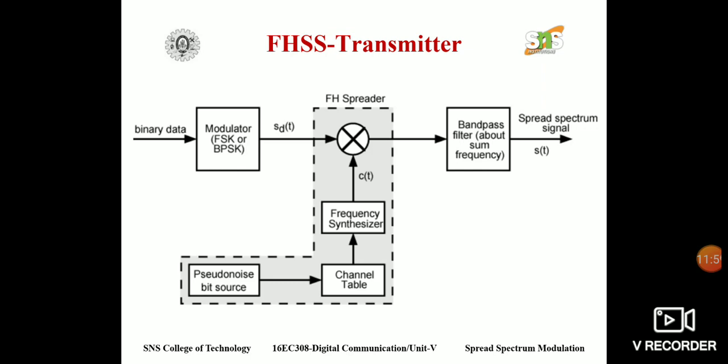The other input to the FH spreader is from the pseudo noise bit source through the channel table and frequency synthesizer, and the output of the frequency synthesizer is c(t). Both c(t) and sd(t) are combined and given to the band pass filter. The pseudo noise bit generator makes the signal into a wider bandwidth. Finally, the output of the FHSS transmitter is s(t), a spread spectrum signal.